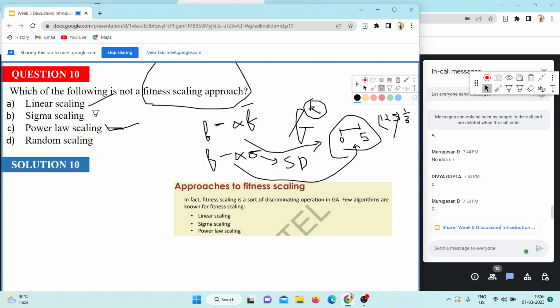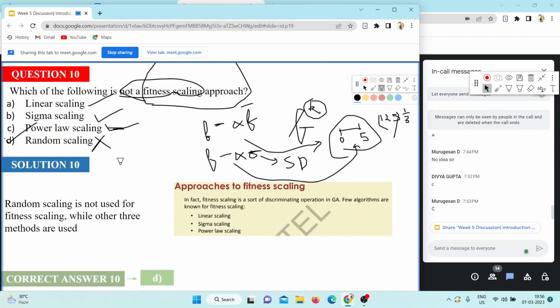So these three are actually fitness scaling approaches. Random scaling is not a fitness scaling approach, so this is our correct answer, because it has been asked which one is not a fitness scaling approach. So option D, random scaling, is your correct answer.